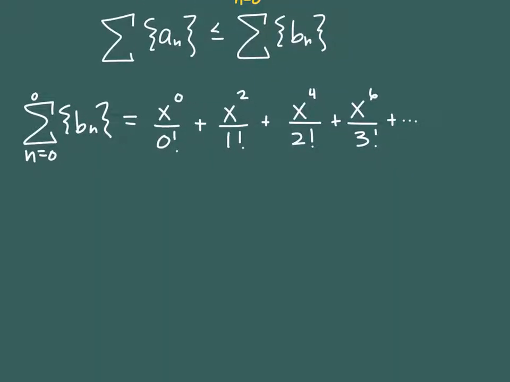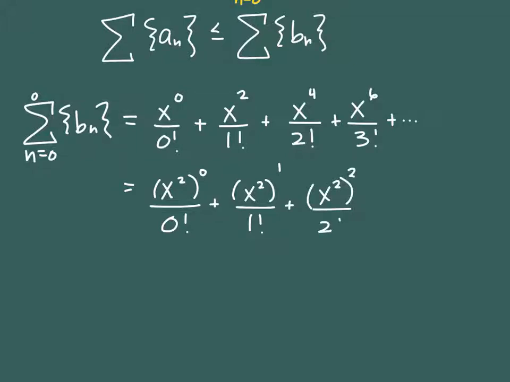We're back to page 495 in your textbook. All right, this is the same as x squared to the 0 over 0 factorial, x squared to the first over 1 factorial, x squared to the second over 2 factorial, x squared to the third over 3 factorial, plus dot, dot, dot.